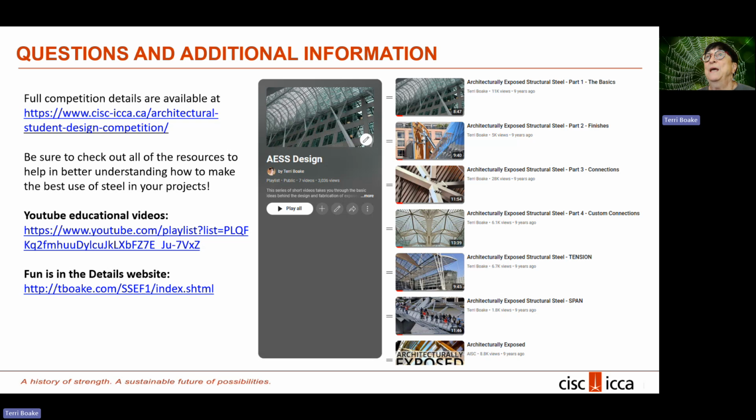That talks more about AESS in terms of the basics, finishes, connections, custom connections, one entire one on tension, which you might find quite useful, and a little bit more on span. And then there's also a website that's connected, which has, again, a lot more drawings and photographs of all kinds of different steel connection systems.